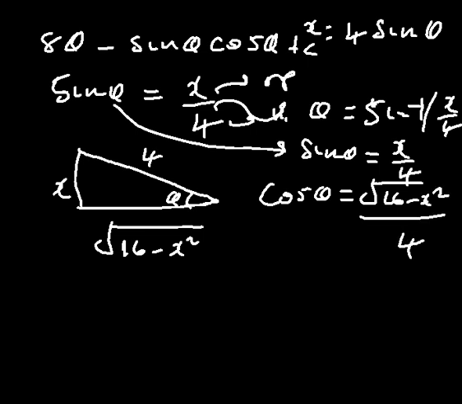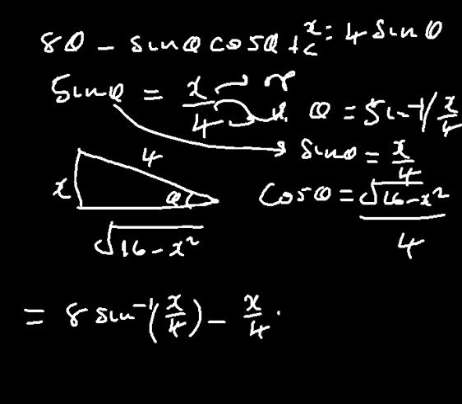Then we substitute this in the solution. Then we'll have 8 times, what is theta? That's the sine inverse of x over 4, of course, and minus, what is sin theta? That is x over 4 times, what is cos theta? That is the square root of 16 minus x squared divided by 4.